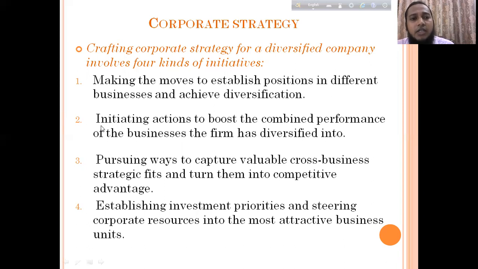Secondly, initiating actions to boost the combined performance of the businesses the firm has diversified into.